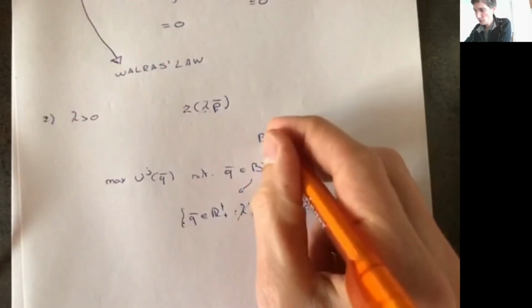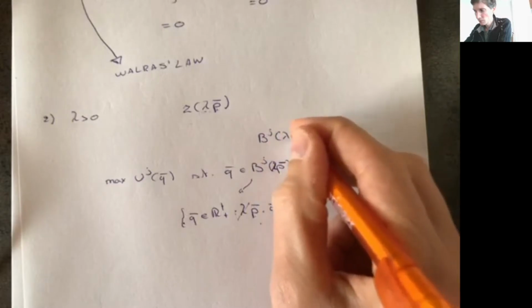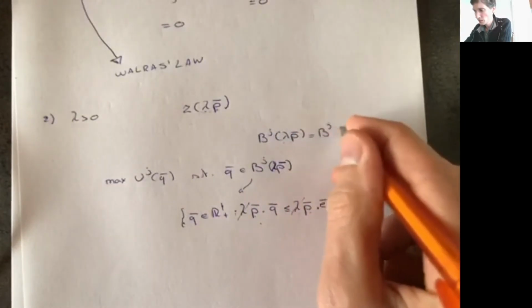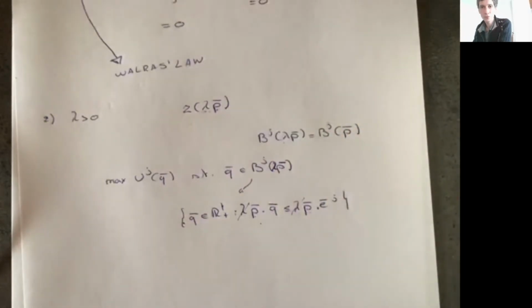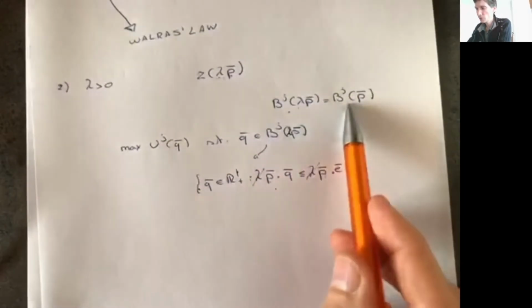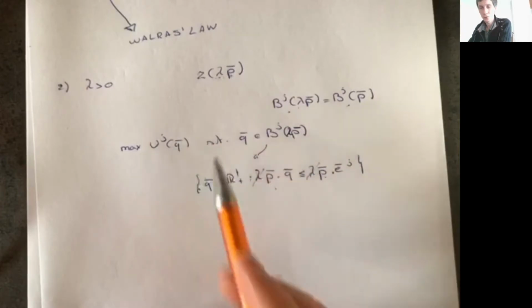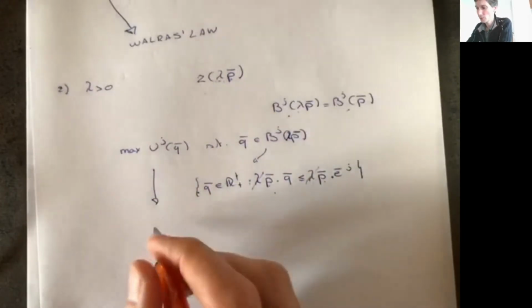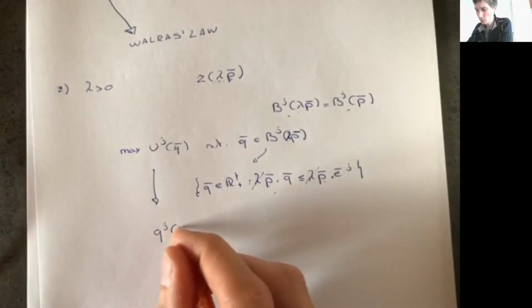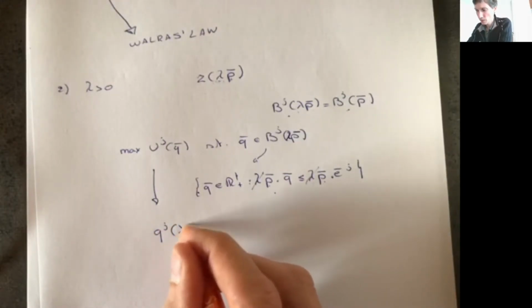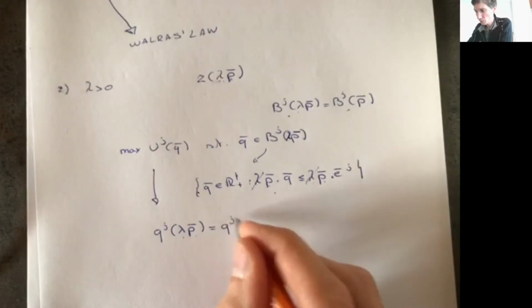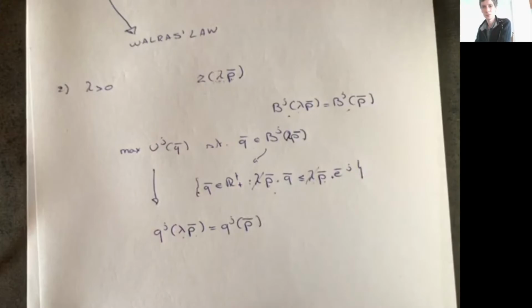Okay, so in particular B_J, if I multiply every price by the number lambda, the budget set remains the same. So if the budget set remains the same, then of course the optimal solution of this problem will also remain the same, right? So the optimal bundle demanded at these prices will be the same as the optimal bundle demanded at these prices.